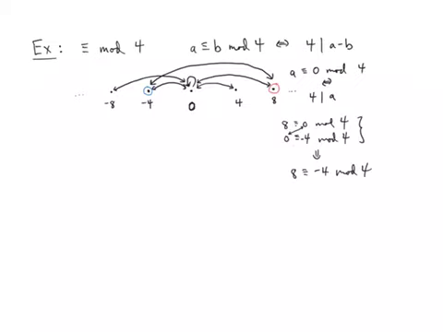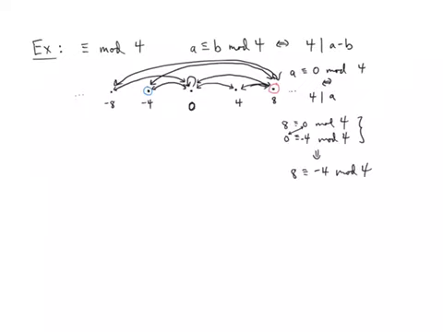So what we've found is that every multiple of 4 is connected to 0, but then any two things which are connected to 0 must be connected to each other. So all of the multiples of 4 are connected to each other. So not only is there something connecting 8 to negative 4, there must also be something connecting 8 and 4, and 8 and negative 8.